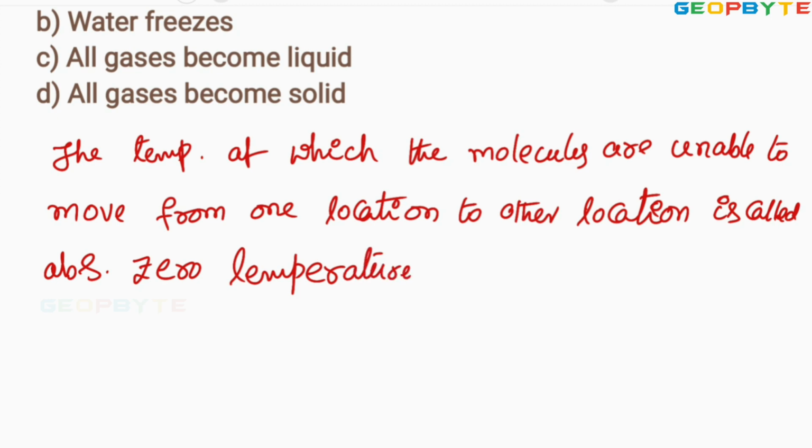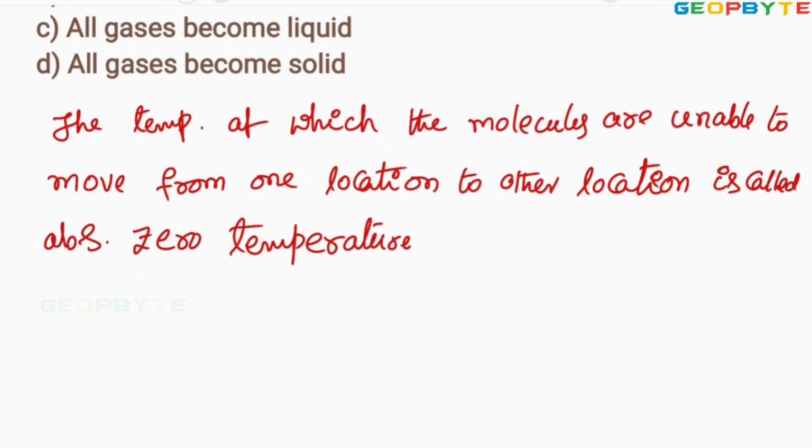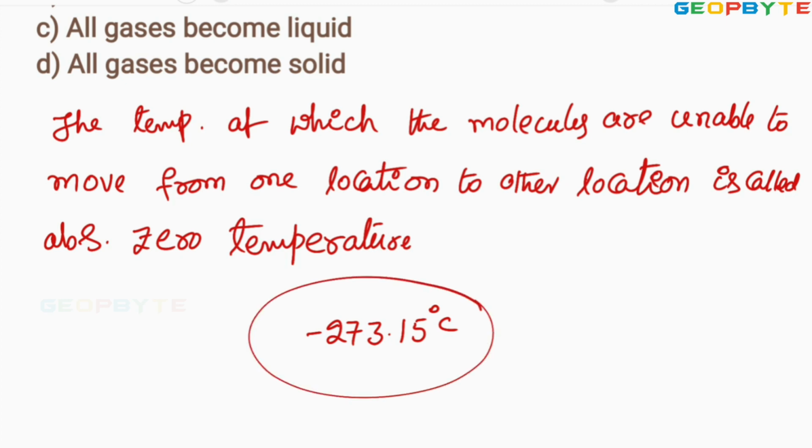That absolute zero temperature value is minus 273.15 degrees centigrade. This is the absolute zero temperature. At that temperature, the molecules present in any material cannot move from one location to another location.